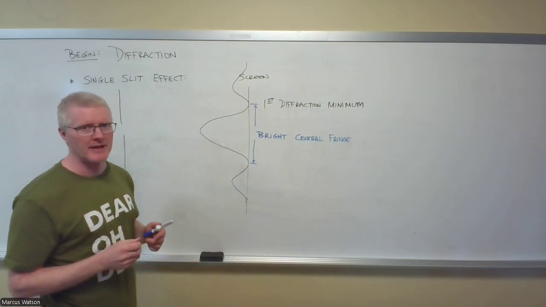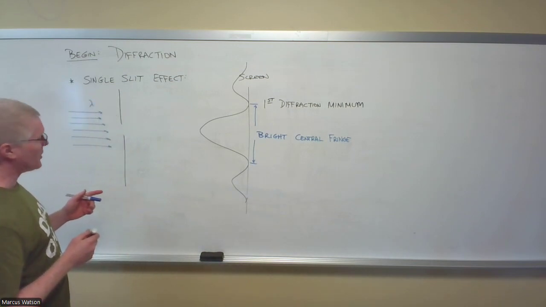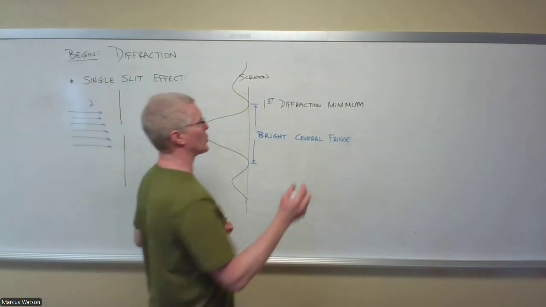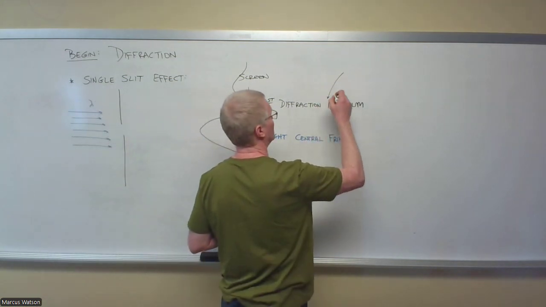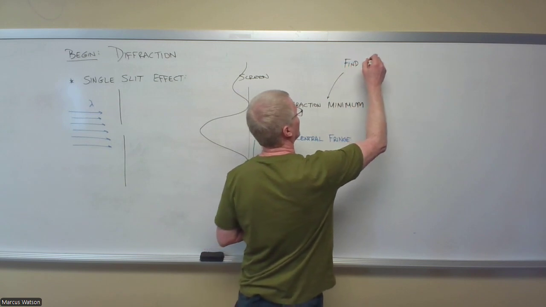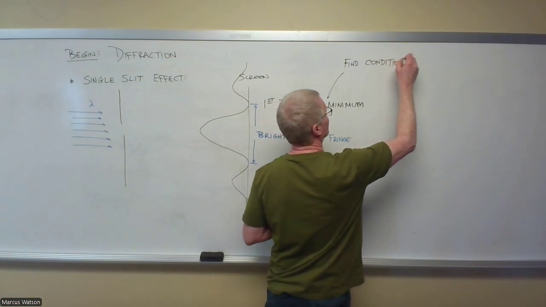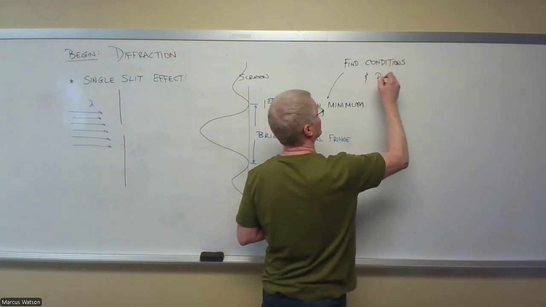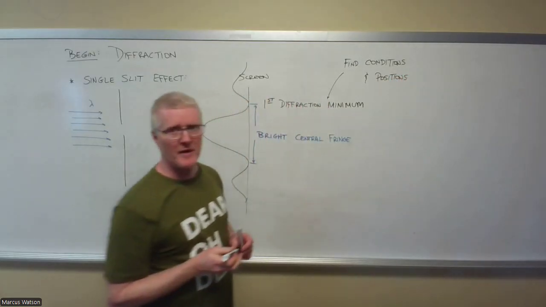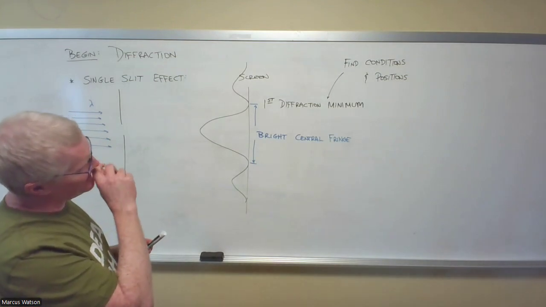And I don't consider that a necessary part of this class. So, let's look at the first diffraction minimum. Where does it occur? Let's find the conditions and the positions of the diffractive minima.